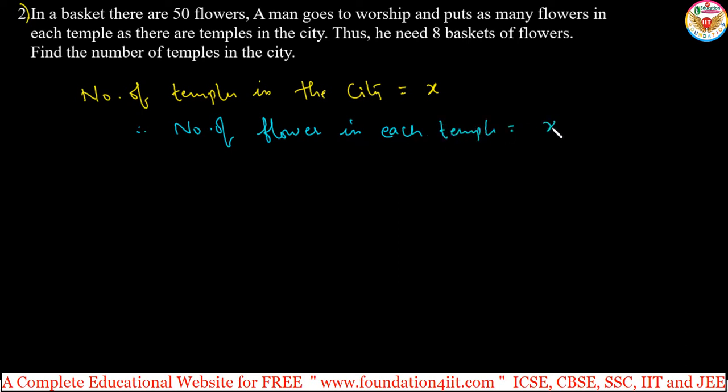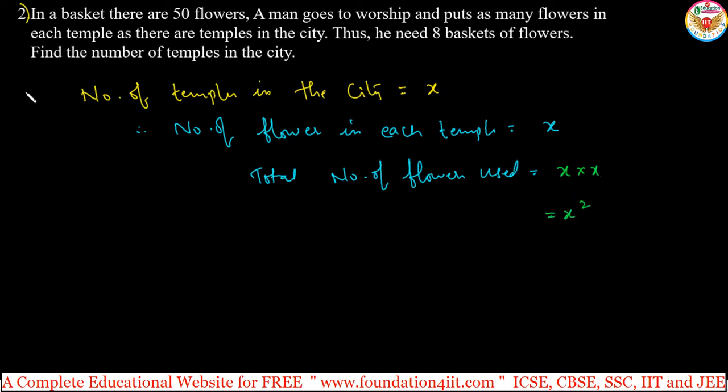The total number of flowers used is x into x, x square. The total number of flowers used is the same, x into x, x square.